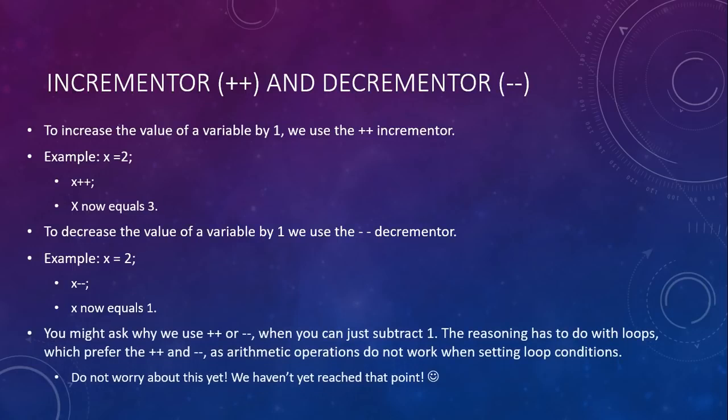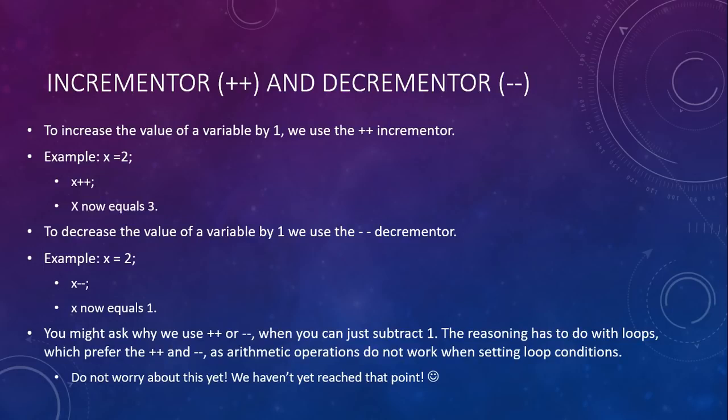Now, you might be wondering, because this is just minus 1, can't I just do a subtraction of 1 or an addition of 1? The reasoning has really to do with loops, which prefer the ++ and the --, as arithmetic operations don't work in loop conditions. Logical operations will, which are things like less than, greater than, equal to, but you can't do arithmetic operations.